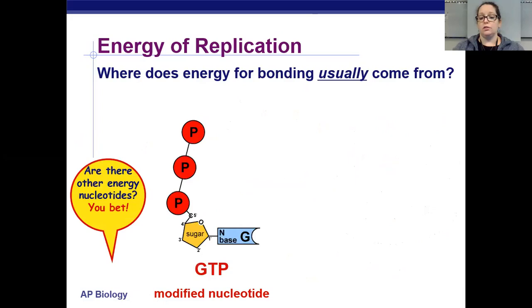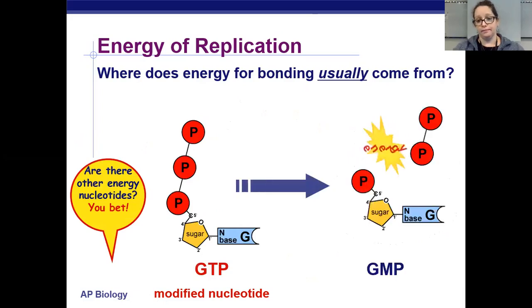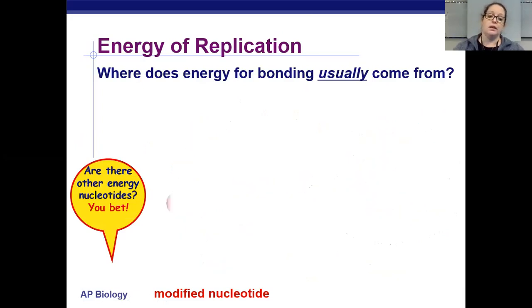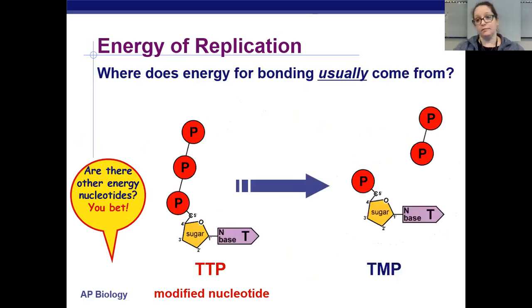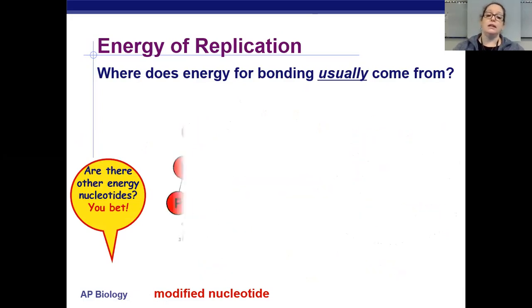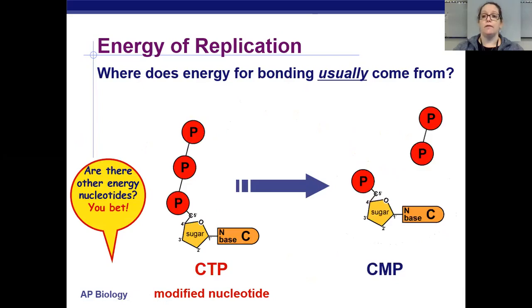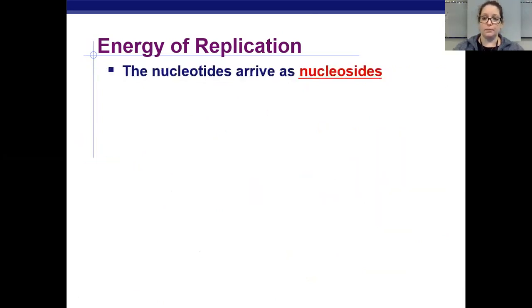And I did note to you that there is GTP for the guanine, there is TTP for the thymine, and there is CTP for the cytosine. We just don't usually use GTP, TTP, and CTP for energy currency in our cells, which is not true because sometimes we do use the GTP, but we use ATP much, much more.